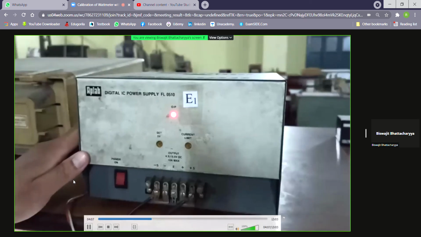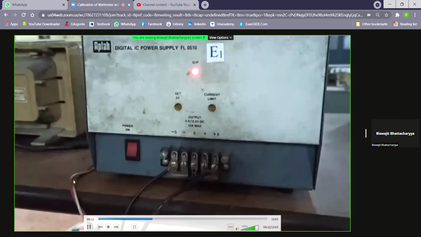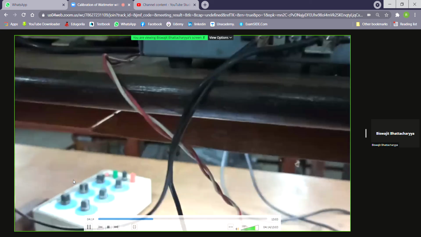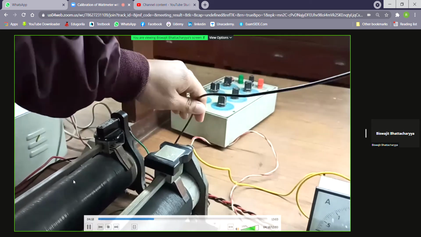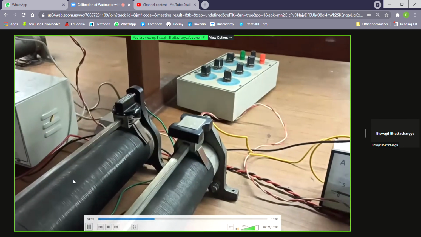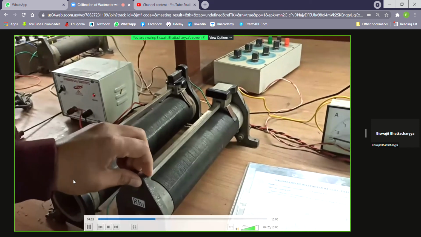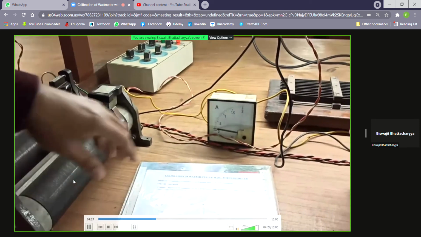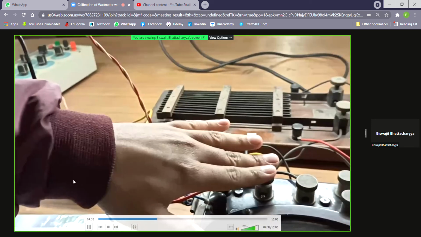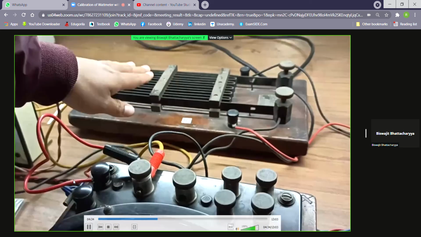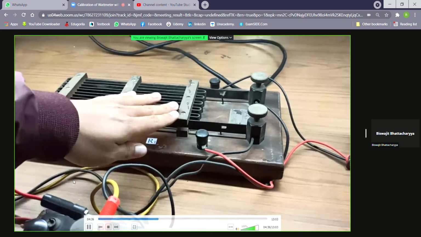Here we are using another power supply for the current coil. It is connected to this rheostat, which is RH1 mentioned in the circuit. There are two rheostats, one used for force and one for fine adjustment. And this is connected in series with this ammeter, the current coil of this wattmeter, and the known small resistance, the 4-terminal resistance, which is 0.1 ohm.